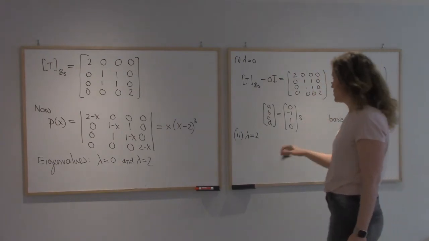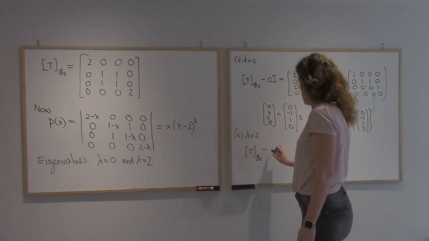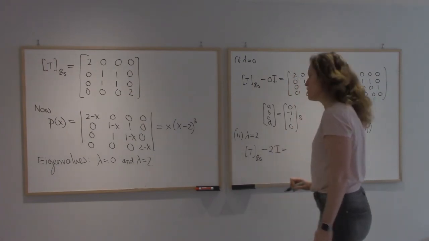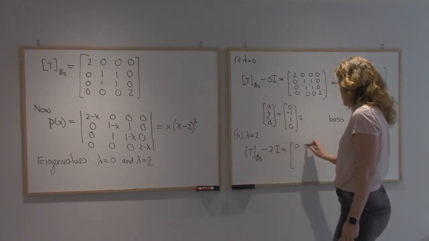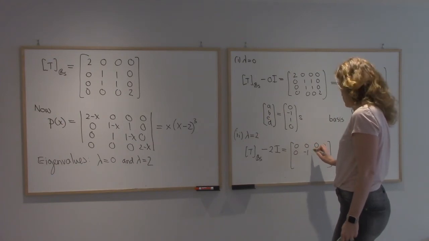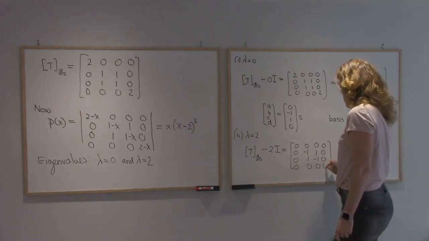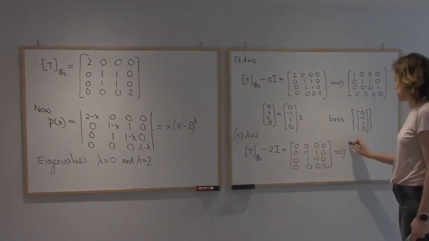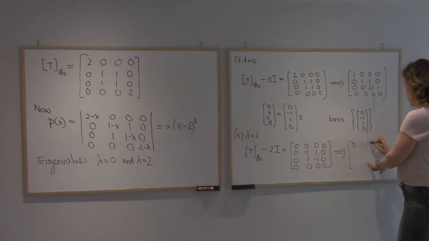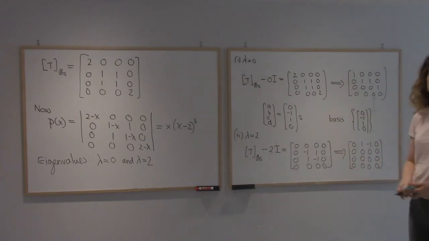Alright, let's do the second one. If I take lambda equals 2, I get this, which reduces to this matrix.